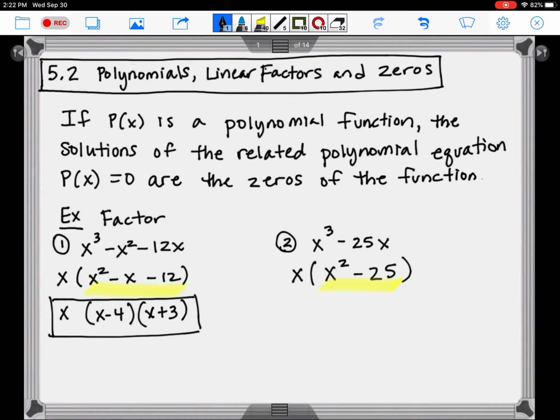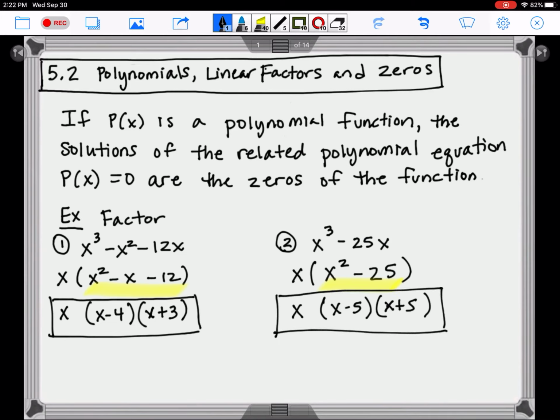It is the difference of squares, and it will factor into two linear factors, x minus 5 and x plus 5. That is my factored form of my polynomial. It has 3 linear factors, which matches up with the degree of 3. Okay, so just a quick reminder as to how to factor.